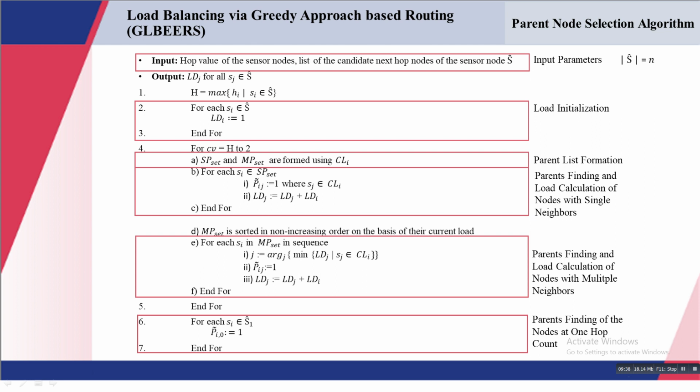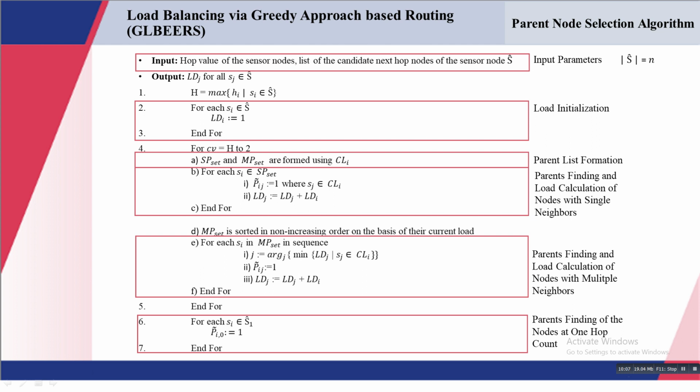The node which has the maximum load, we select the parent node for that node first. Here we can see that the ith node has the maximum load, so we assign the parent node to this node first.